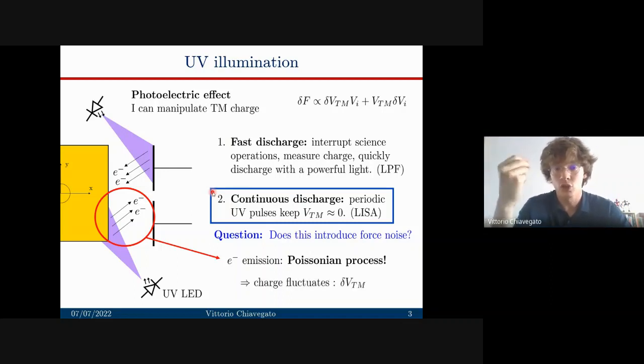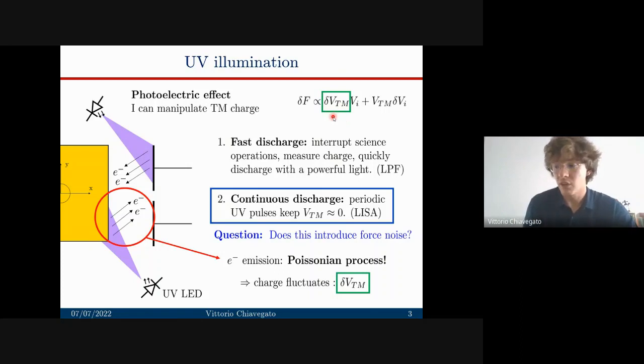And this will cause some fluctuations in the charge of the test mass. But we saw in the previous slides that the fluctuations of the test mass charge are important when looking at the force noise. So you see they appear here.